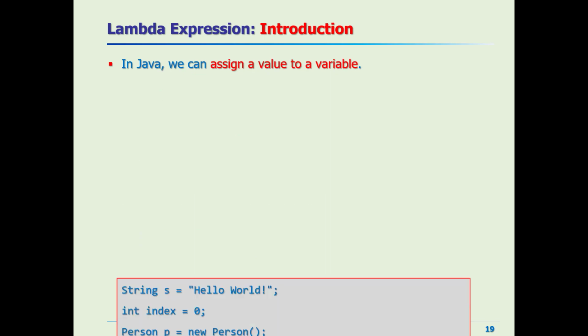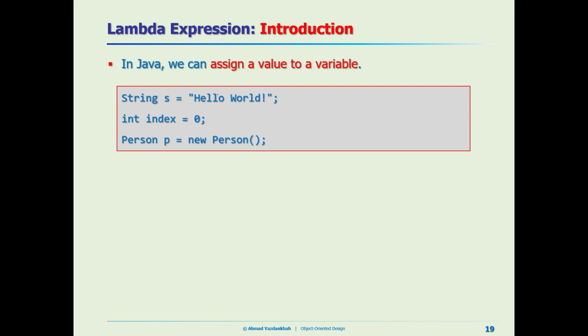Of course, we can do that. For example, this is a string, this is just an integer, and this is an object. We instantiated the class and created an object. And we can assign them to variables.